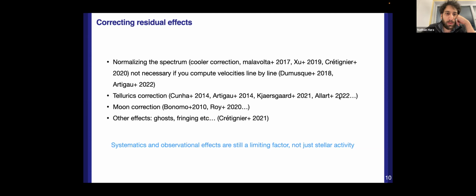So the first step is, once you have your 1D spectrum, you want to correct for residual effects that were not taken into account in the calibration step. So, for example, you want to perform a color correction, telluric correction, correction of the moon, or other effects which come from the instruments like ghost reflections, fringing, and so on.